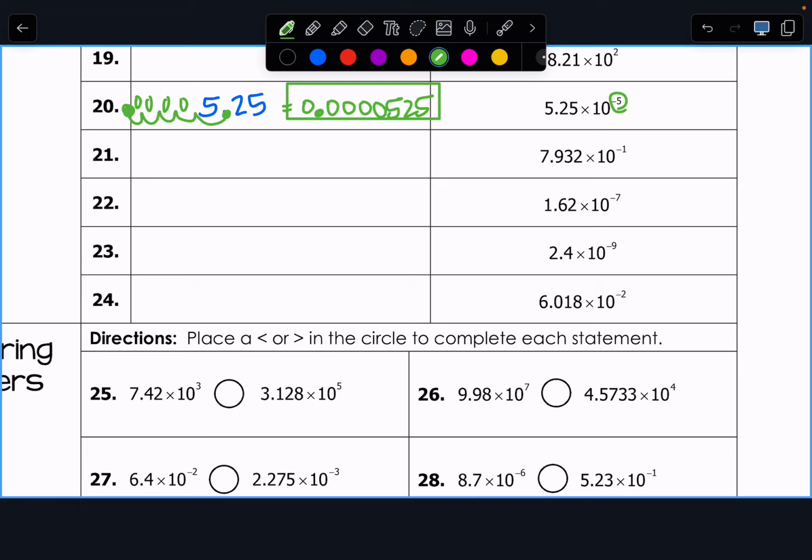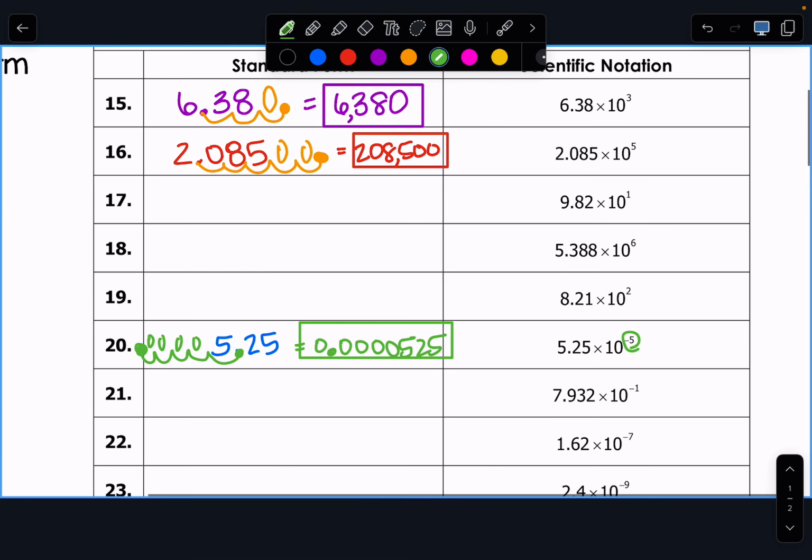Why does the decimal go there? Since we have a negative exponent, we have to go the other way to make it a small number. Up here, we moved our decimal this way to make a big number. Now since our exponent is negative, we take the decimal and move it the other way. Since this was -5, we moved it 1, 2, 3, 4, 5 spaces, and any empty space we filled with a 0.